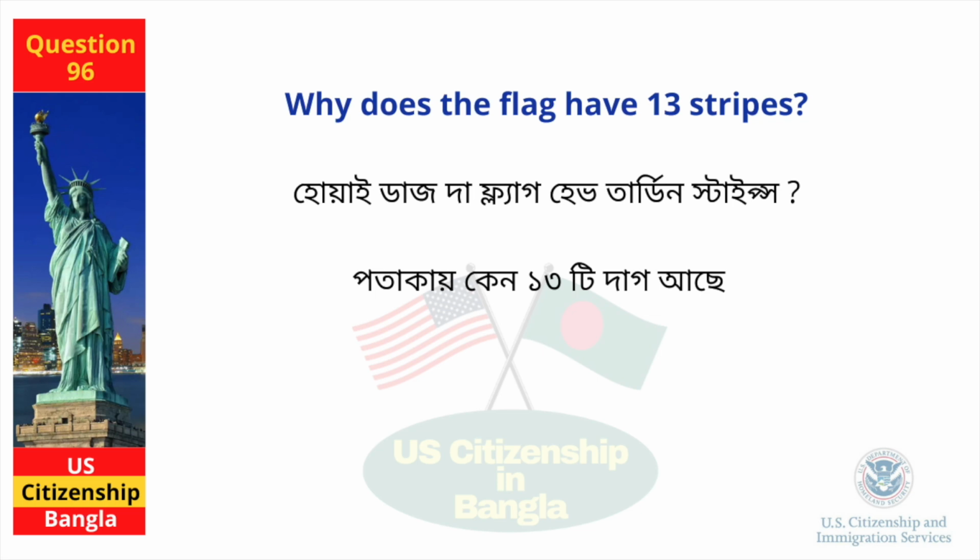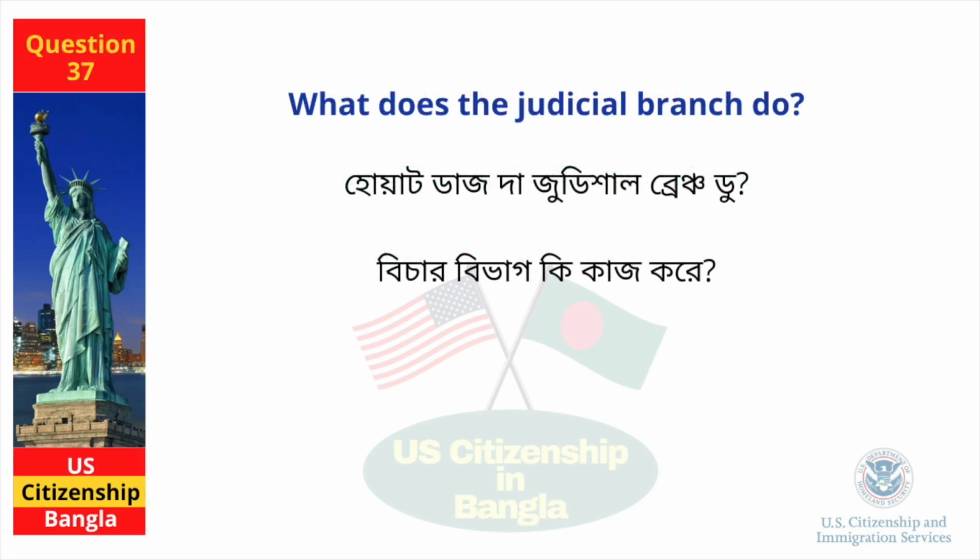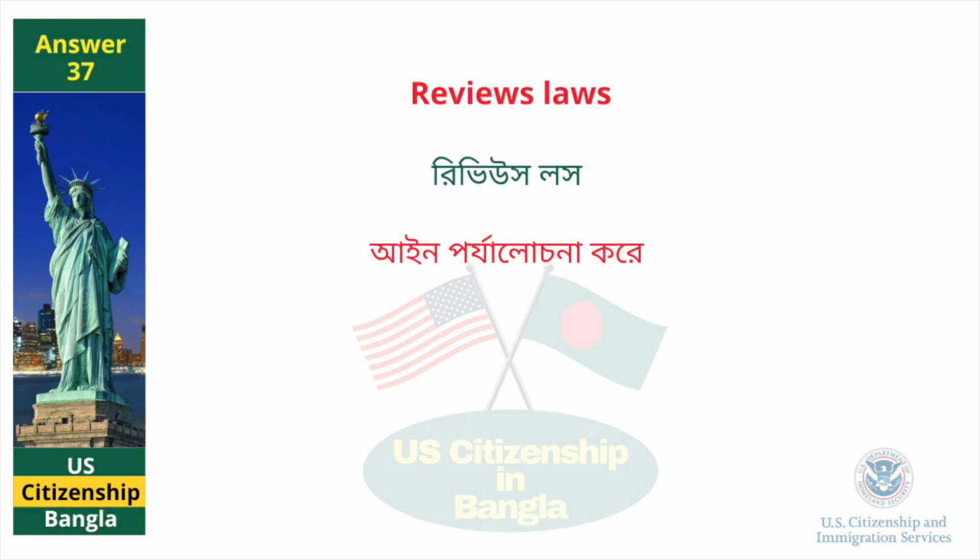Why does the flag have 13 stripes? Because there were 13 original colonies. What does the judicial branch do? Reviews laws.